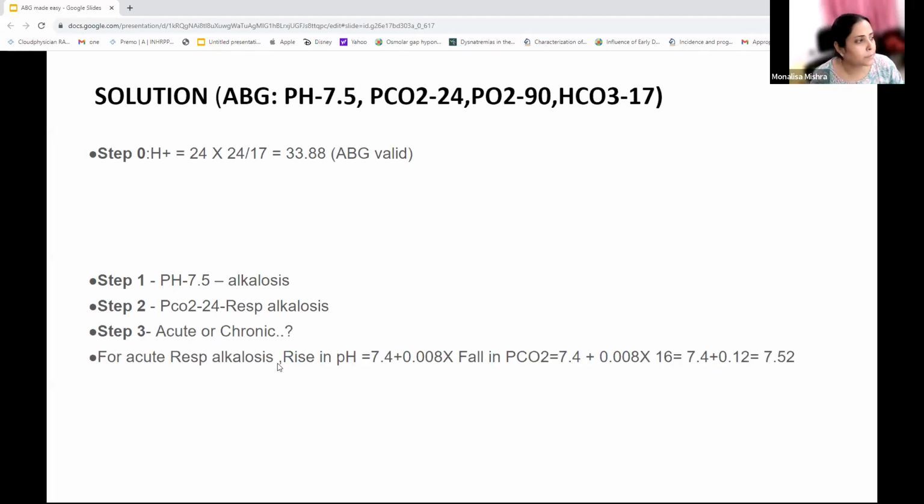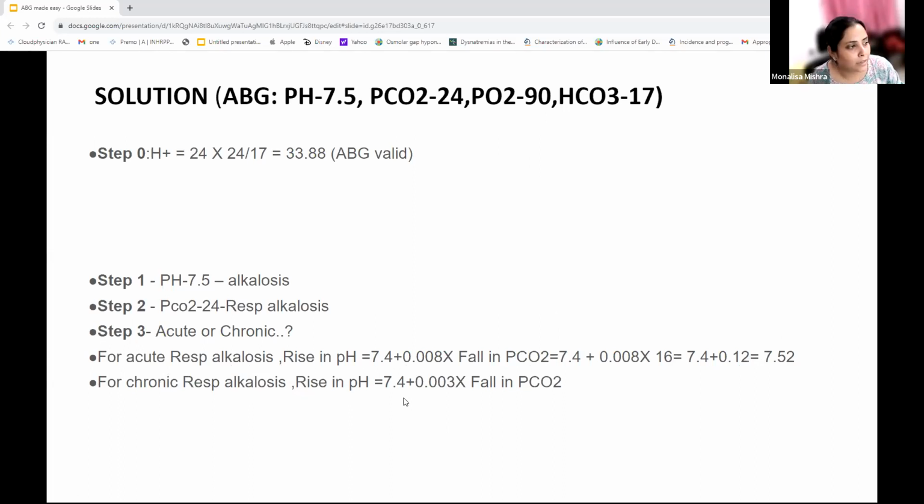So for acute respiratory alkalosis, the formula which we read is pH, that is 7.4 plus 0.08 into fall in PCO2. Fall in PCO2 was 40 minus 24, that is 16. So it is 7.52.